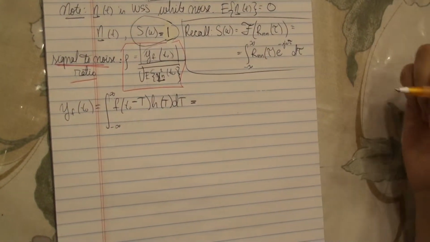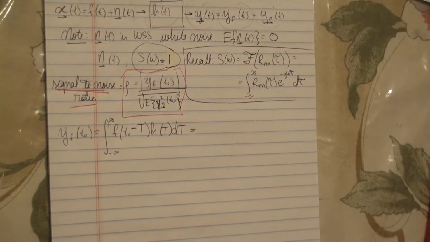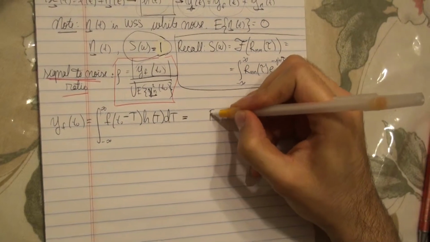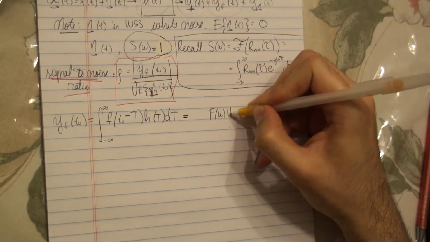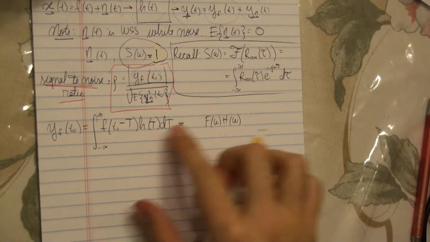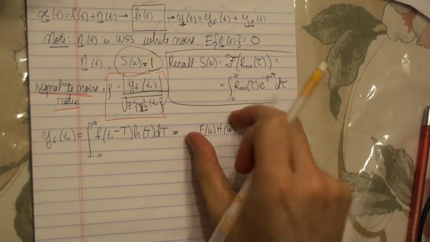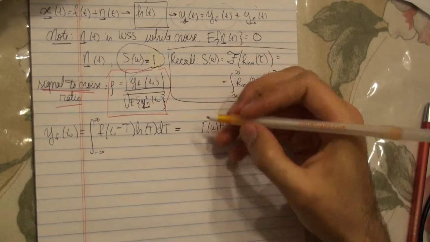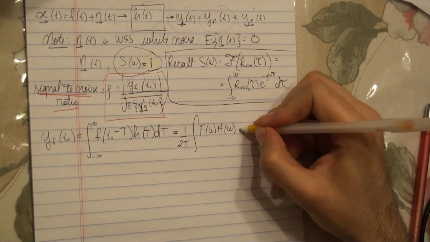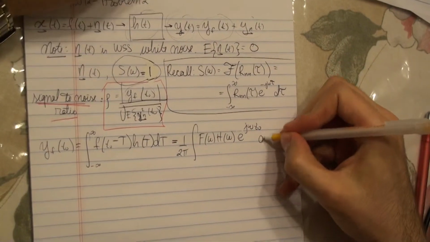However, we want to make sure that we stay in the time domain because we want yf of t. This multiplication in the frequency domain corresponds to the convolution in the time domain, so to bring it back into the time domain, we take the inverse Fourier transform, and then we're good because now we're still in the time domain.